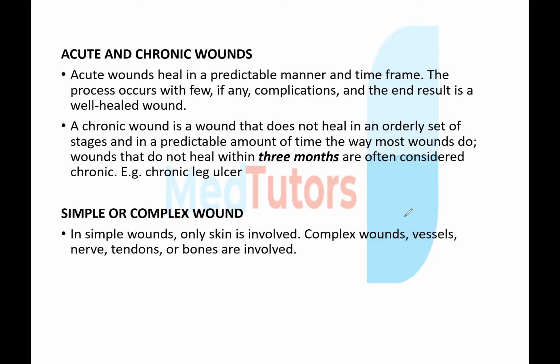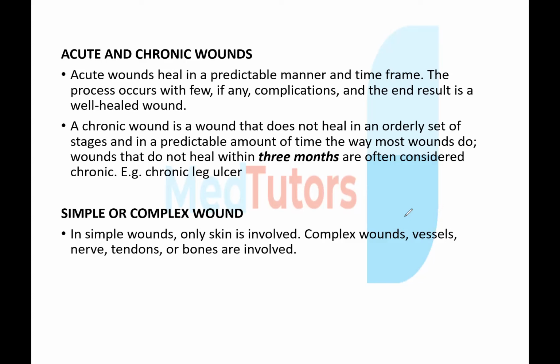So any wound that exceeds 3 months is regarded as a chronic wound. Example, a chronic leg ulcer. You see, there are sequences, a complex process, which we will see, of normal wound healing.